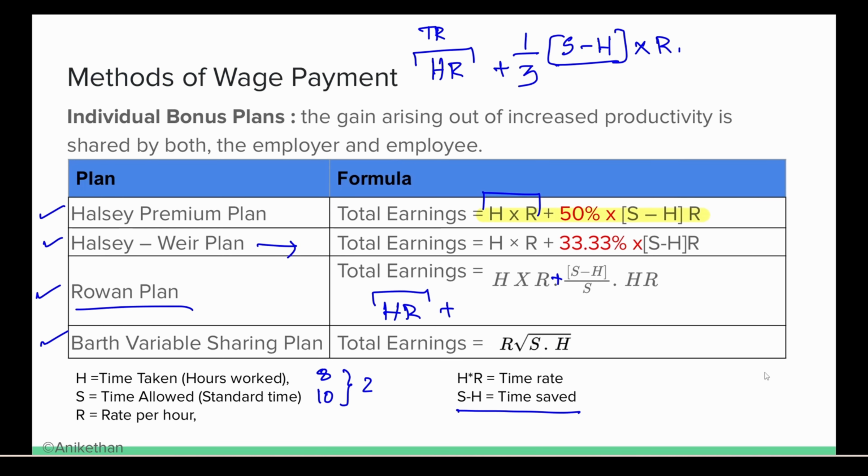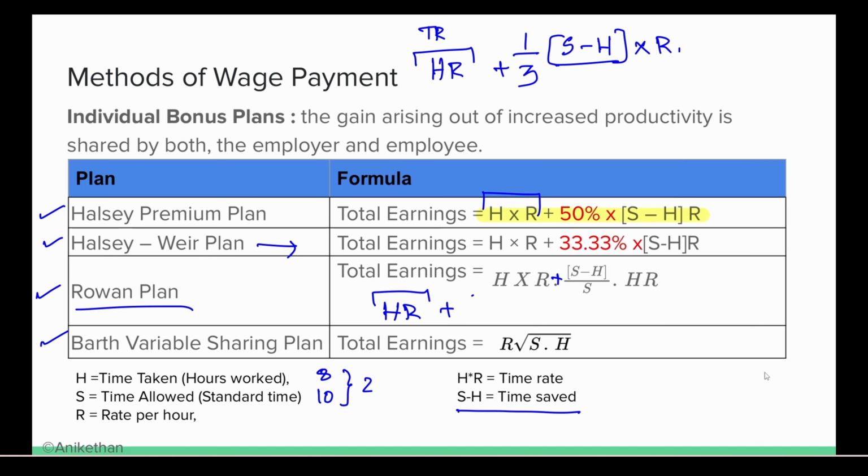So in this example, if 10 minus 8 is equal to 2 and standard is 10, so this will be only 1/5. So 1/5 will be going as a bonus and 4/5 will be for the employer.